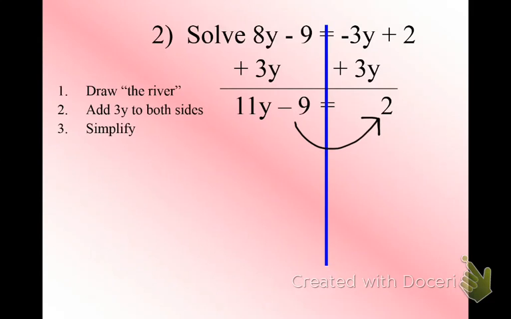So I want to move 9 over to this side, because 9 is a constant, so I want to combine it with 2. In order to get rid of that 9, again, I'm going across the river, so I have to do the opposite of subtracting 9, which would be adding 9. So I'm going to add 9 to the left-hand side, and I'm going to add 9 to the right-hand side.